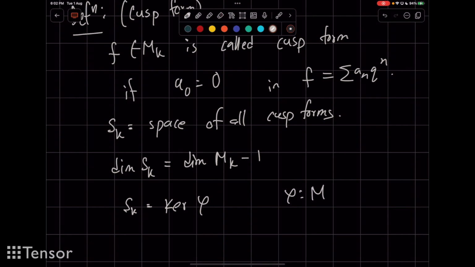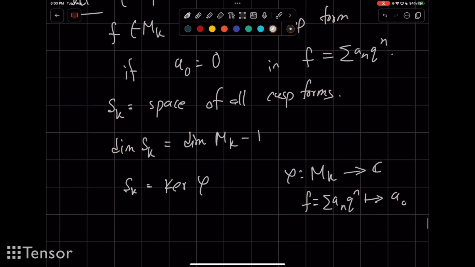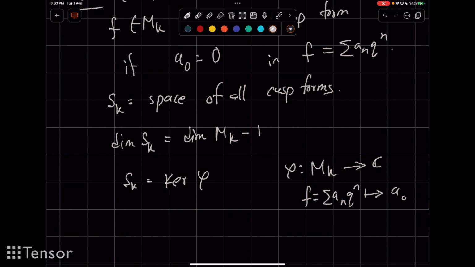Phi is from M sub k to C, and it takes a modular form with q expansion the sum of a_n q to the n to its first coefficient a_0. So the kernel of phi is S sub k, and phi is a surjective map.